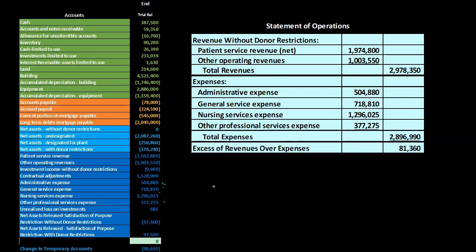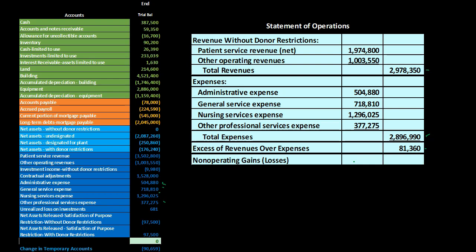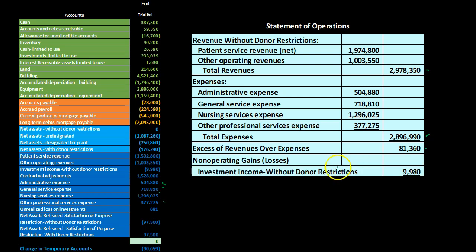Next line item is going to be the excess of revenues over expenses. You'll note that the total revenues is here, the total expenses is here. Subtracting those two out gives us the 81,380. This is kind of like the net income or bottom line number from the general type of operations. Then we're going to have the non-operating gains and losses, that including the investment income without donor restrictions of the 9,980.